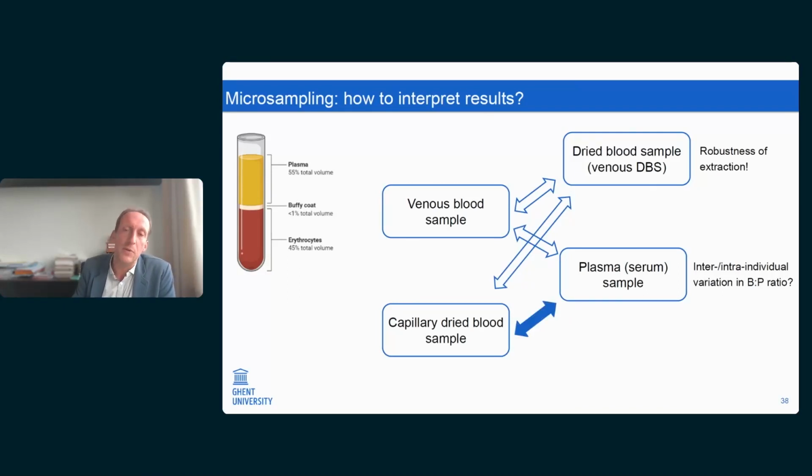And only if all of this has been evaluated can you really make the comparison between the capillary dried blood sample and a plasma sample derived from a venous blood sample, and say whether you can really convert a dried blood sample concentration to a plasma concentration, whether you see a correlation, whether that correlation is good enough, yes or no.